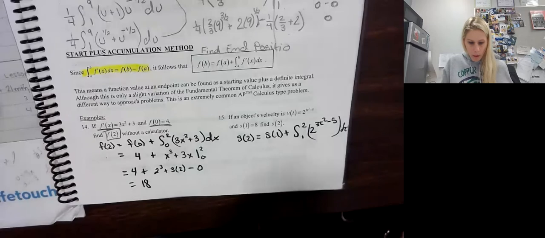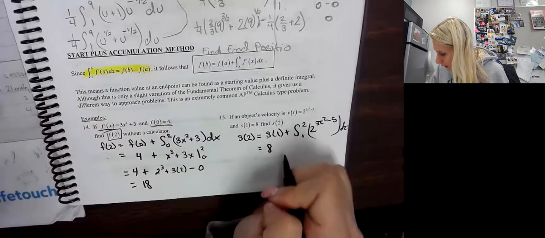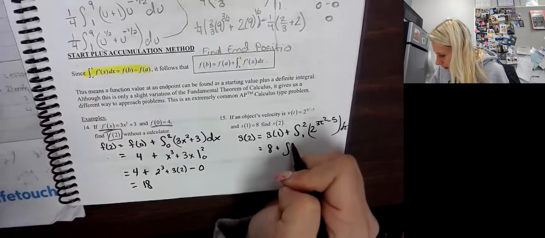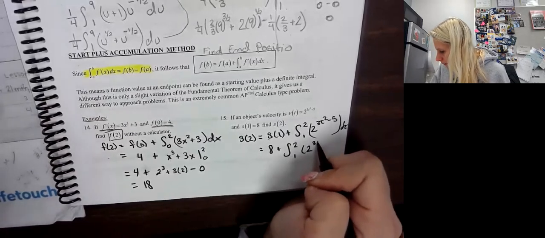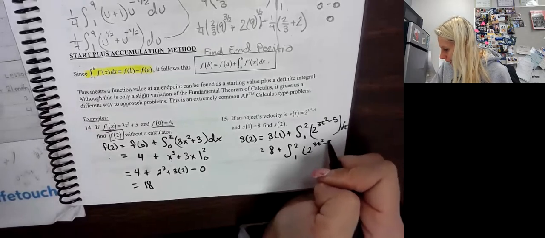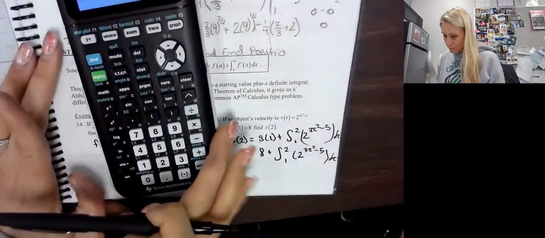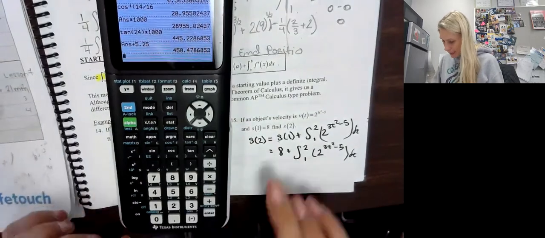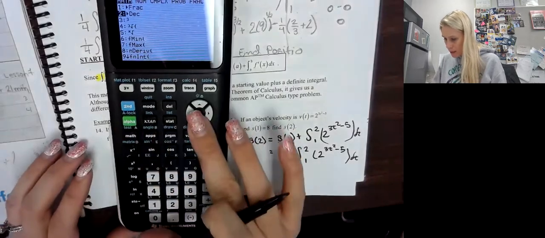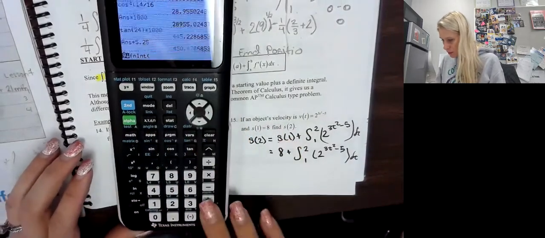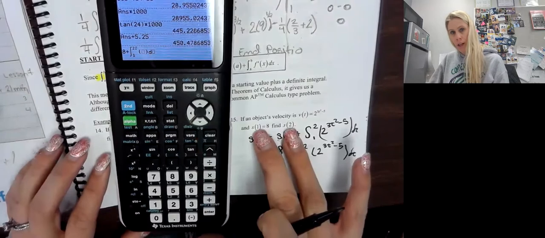Okay, so what I want you guys to keep in mind, though, is that we're saying s of 1 is 8. So we're actually going to type all of this in our calculator to give us our position, because we cannot take the integral by hand. So let's get down here. So we have 8. Now do it all at once, just in case, for decimals. So 8 plus math integral. And we're going from 1 to 2. Again, I know that because of our values right there.